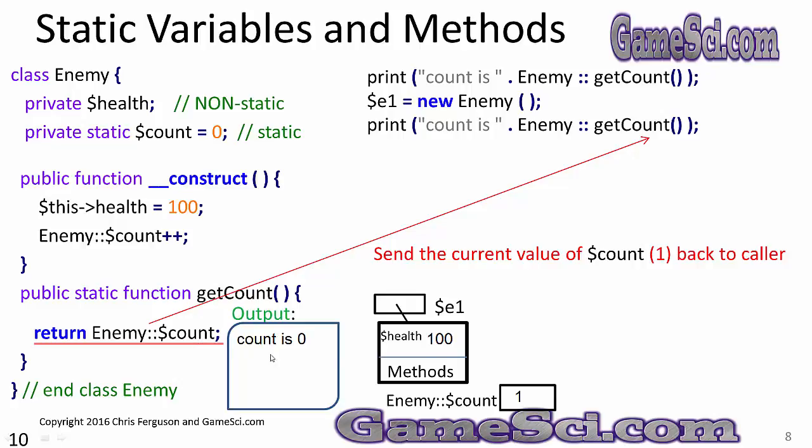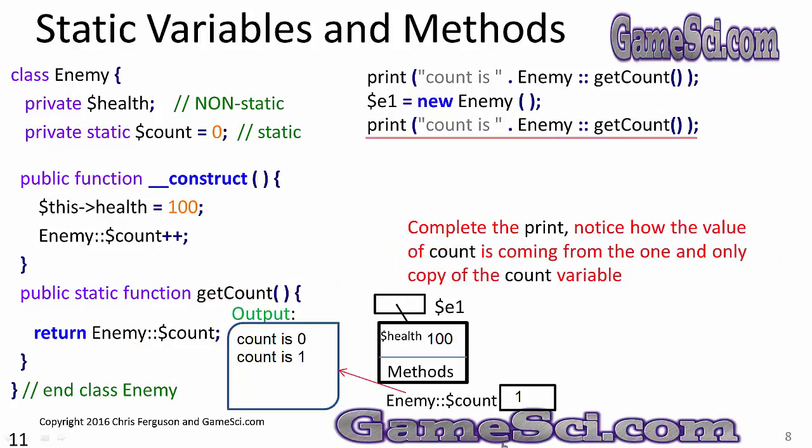At the time this is executing, there is a 1 in the count variable. That 1 is sent back. We execute the print count is, and out comes a 1 on the screen. I drew the arrow here because that 1 is coming from this count variable. getCount called here sent the 1 back, and then the 1 got put on the screen.